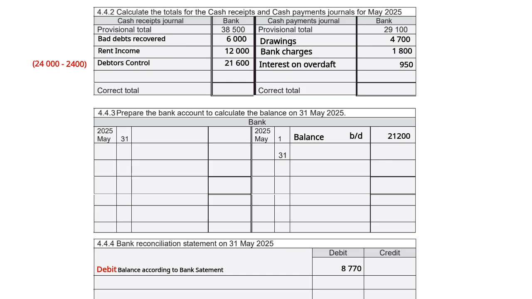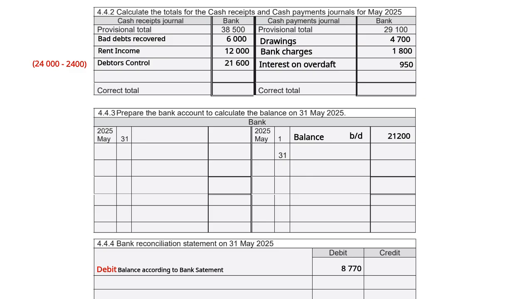Number F, EFT 907 with regards to wages was loaded by the bank. The correct amount of the EFT appears on the bank statement as 8,500 rand. However, it was recorded incorrectly as 5,800 rand in the cash payments journal. So the error took place in the cash payments journal.